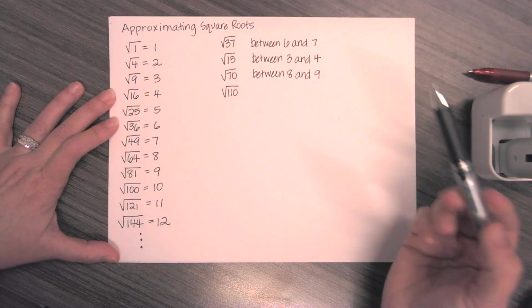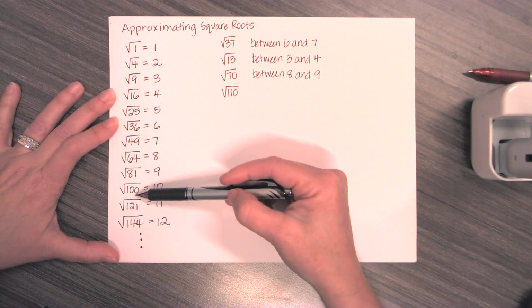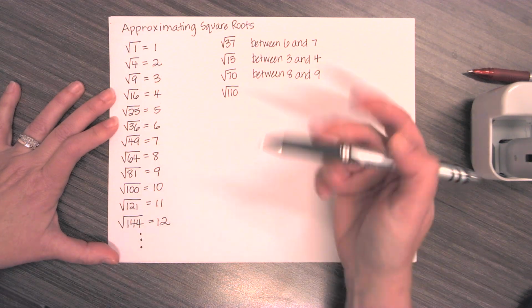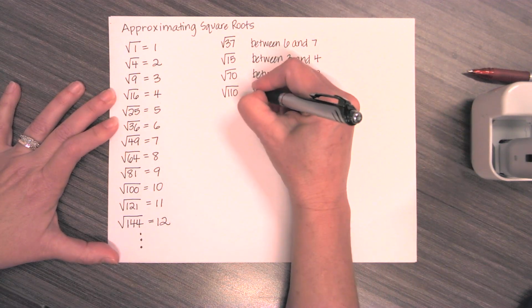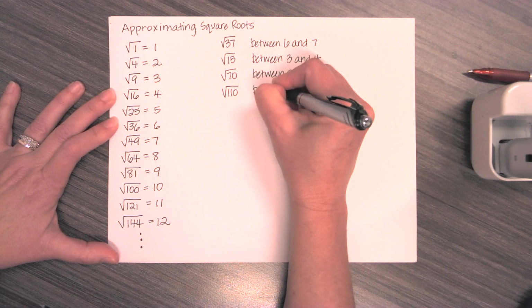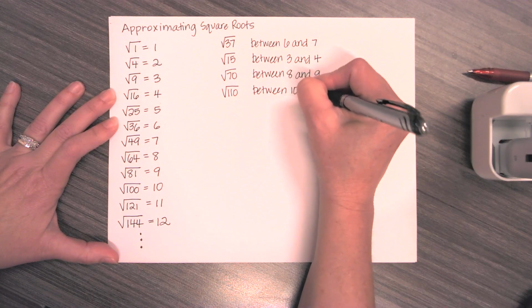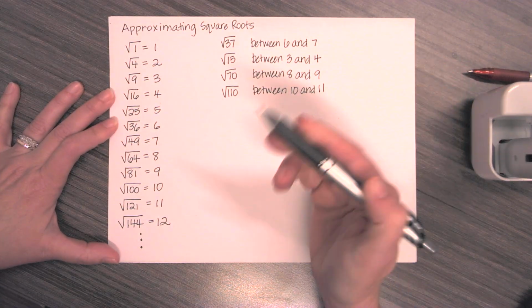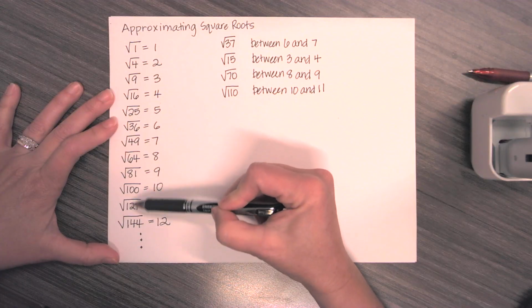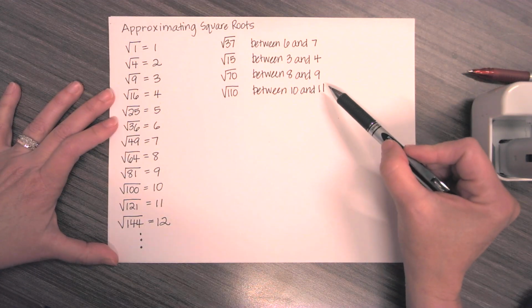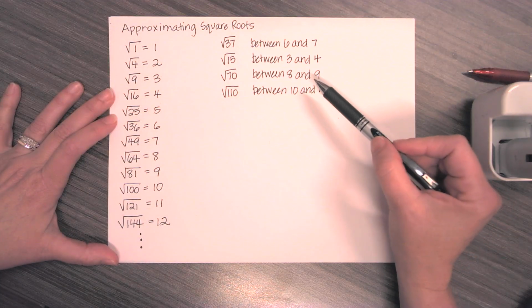The square root of 110 is going to fall between these, and that would mean the answer to it is between 10 and 11. And you could even say it's almost halfway between those two, so I'm imagining it's around 10.5.